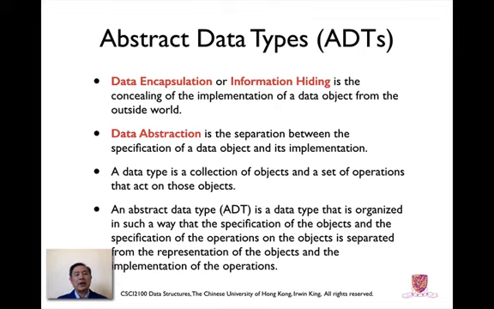So here, an abstract data type, ADT, is a data type that is organized in such a way that the specification of the object and the specification of the operation on the object is separated from the representation of the object and the implementation of the operation.